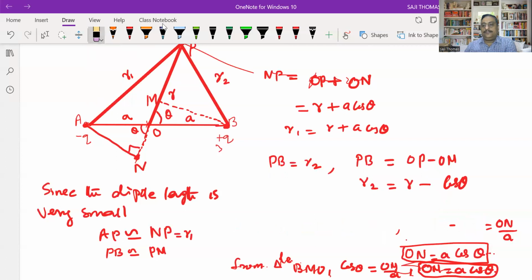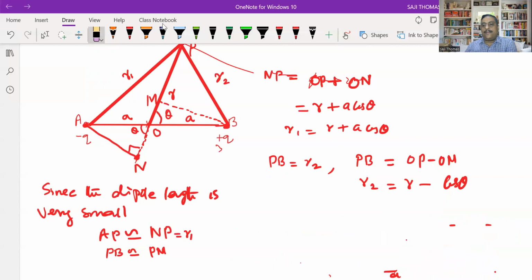Now, you know the equation for potential. Total potential is V plus Q plus V minus Q. Add the two potentials. And V plus Q, you know the equation: K Q divided by, what is the distance from plus Q to P? R2.